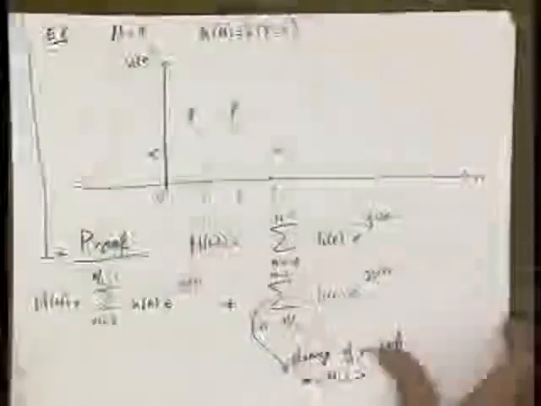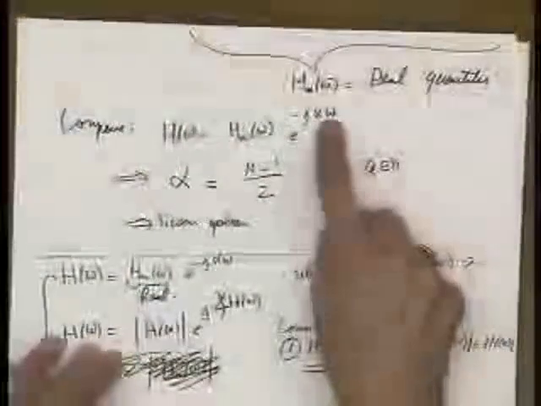And we spent a bunch of time deriving that. I won't go over that again. And we found out in the process of doing that, if this is the linear phase filter, alpha is the slope of the phase as a function of omega. Alpha is (N minus 1) over 2, where N is the number of taps in the filter.